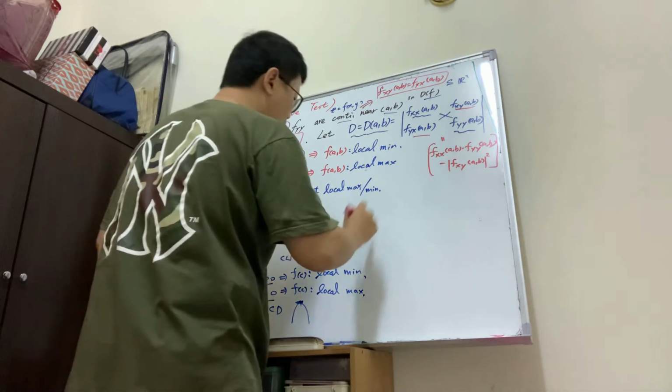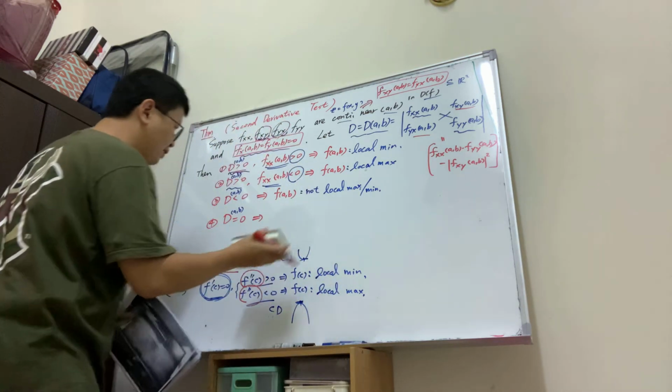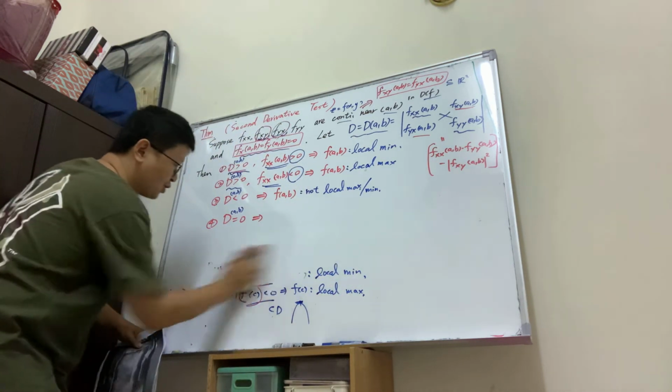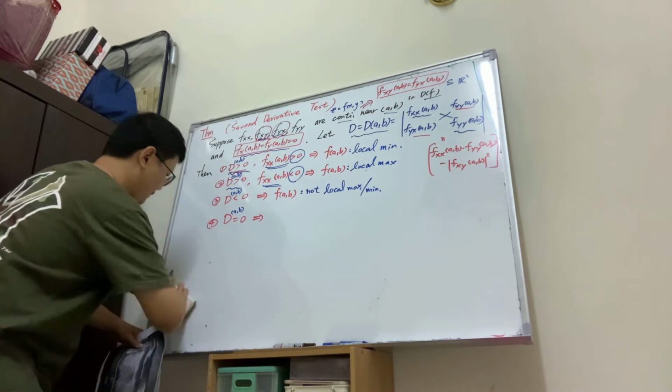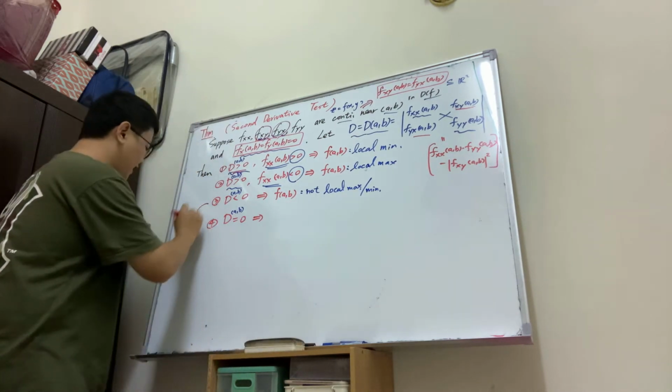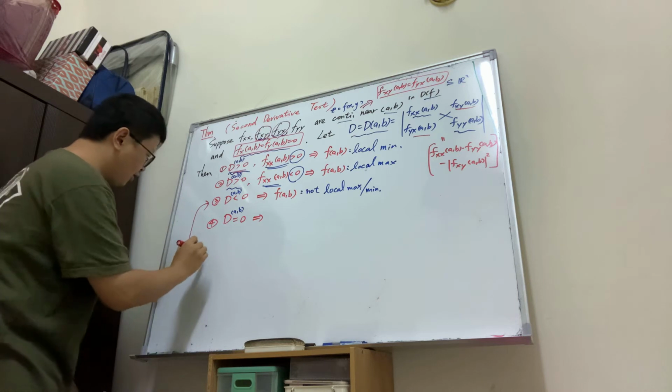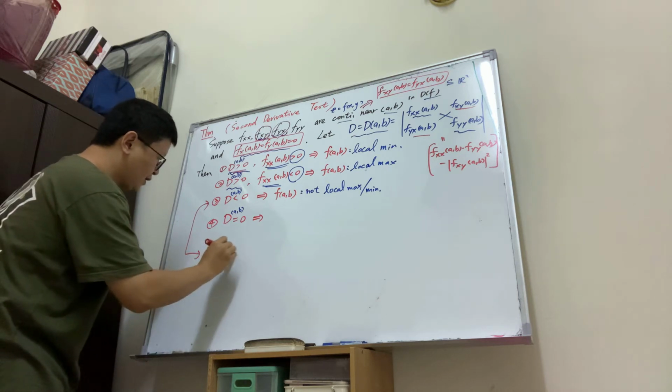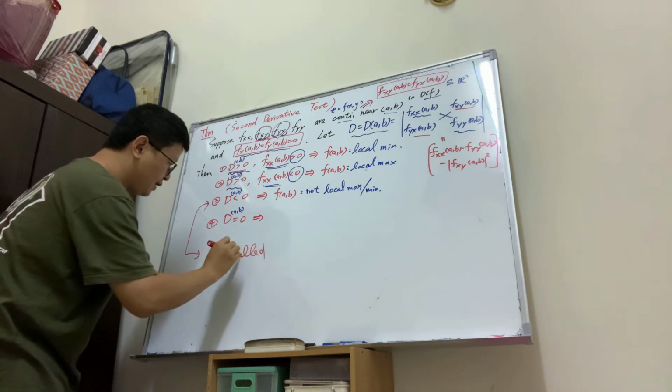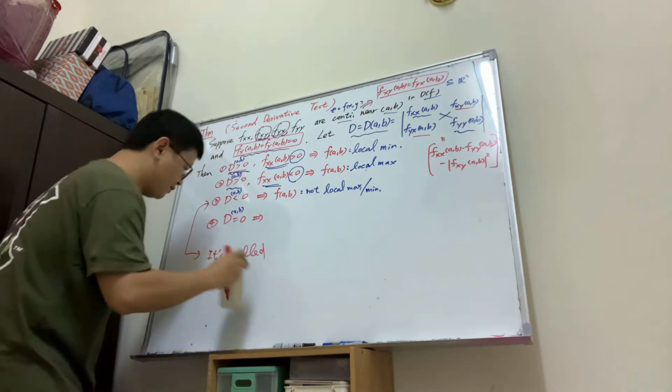In this case we also have a name for the point (a, b). It's called a saddle point.